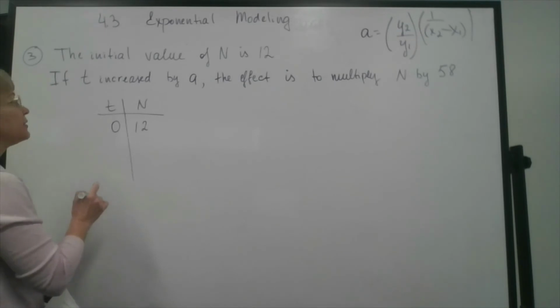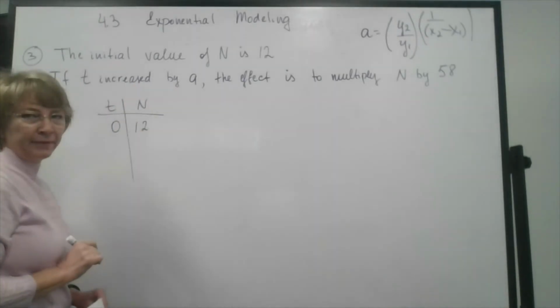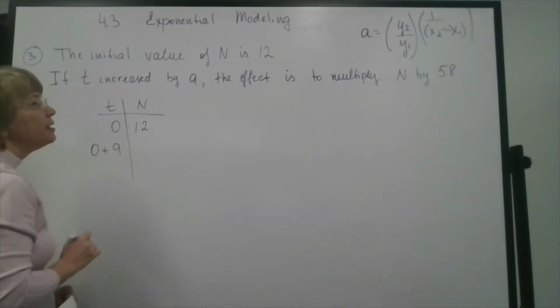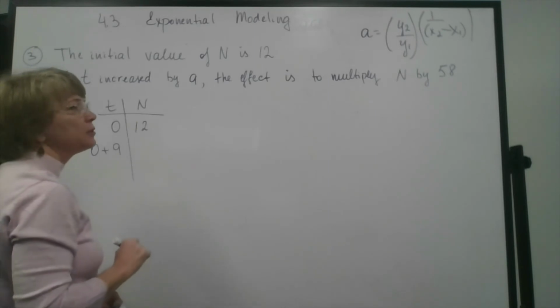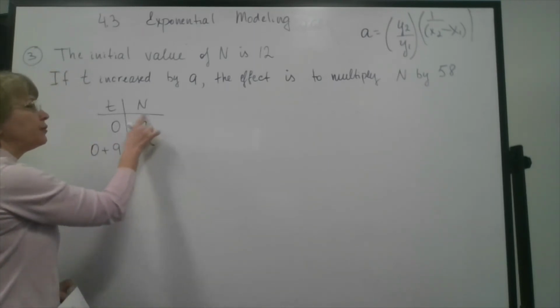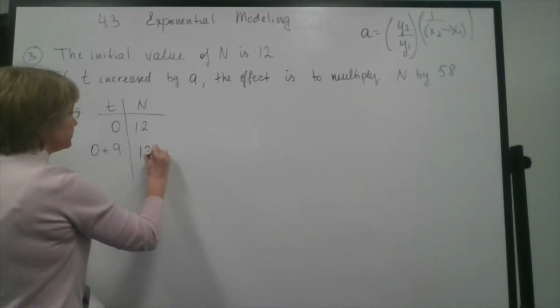Let's read the second sentence. If t increased by 9, in math, it will look like this, 0 plus 9. The effect is to multiply n by 58. It means whatever you had here before, you have to multiply by 58.